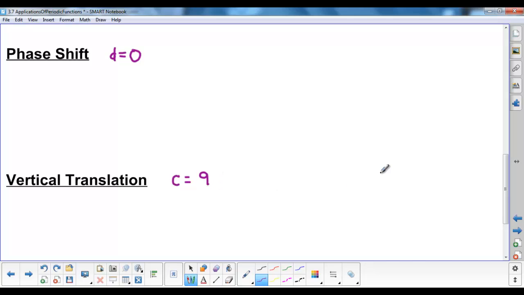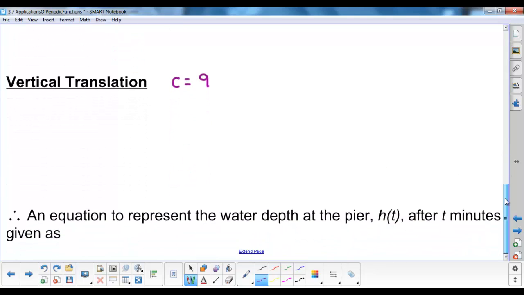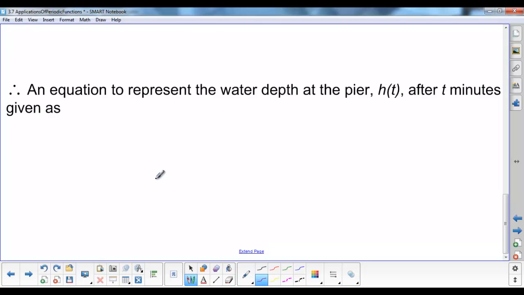So let's take all of that information and plug it into an equation. So the height of the pier, h of t, after t minutes, is going to be the a value, negative 10, sine, our k value 2 pi over 15 times our variable t, and then plus the 9.